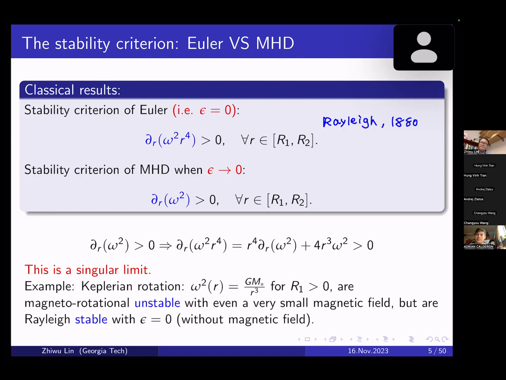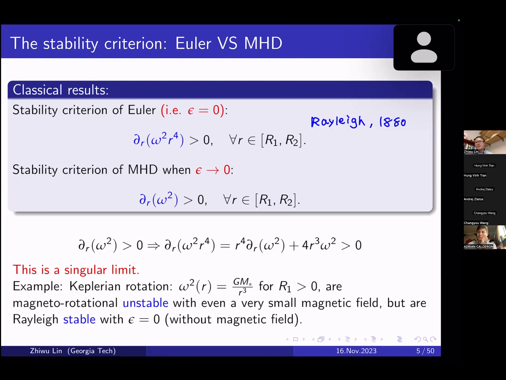We're going to see this kind of instability, which we call MRI, magneto-rotational instability. This kind of MRI is very important in astrophysics, in particular in the application to accretion disks, and Kepler rotation is a typical rotation profile in that setting. So this is a very important example.